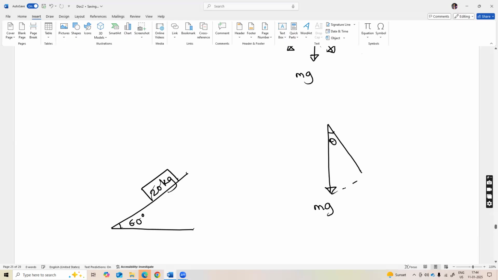So if you draw a right angle triangle now, this length is mg. This length, let's say this is x, this is y. So what is cos theta here? Can you tell?